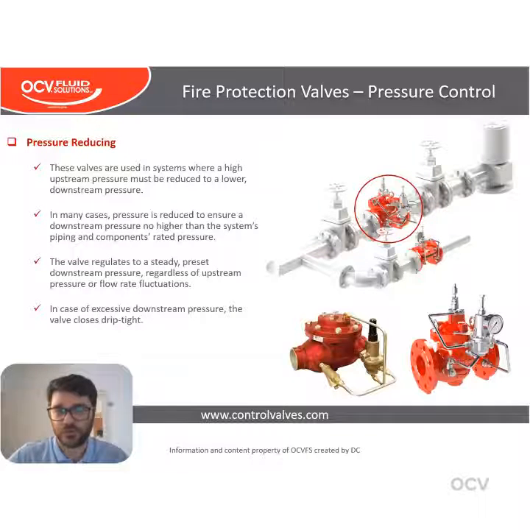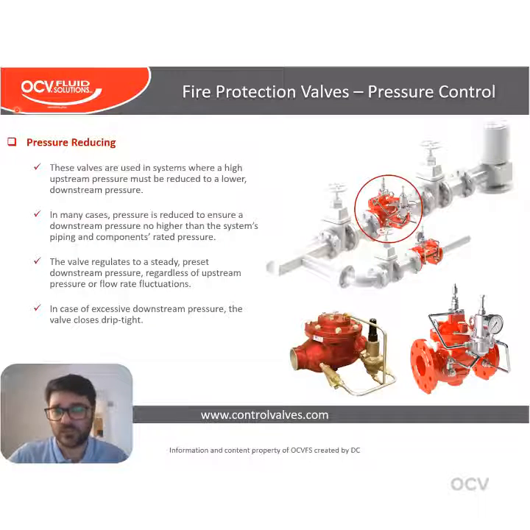These are your pressure control valves, and we're going to start you off with pressure reducing. Okay, here we see a typical fire pump station with a pressure reducing valve and a pressure relief valve. So the pressure reducing valve is intended to reduce a high upstream pressure to a lower set downstream pressure, and this is done in many cases to ensure that the downstream pressure isn't higher than the rated pressure of the system piping and components.